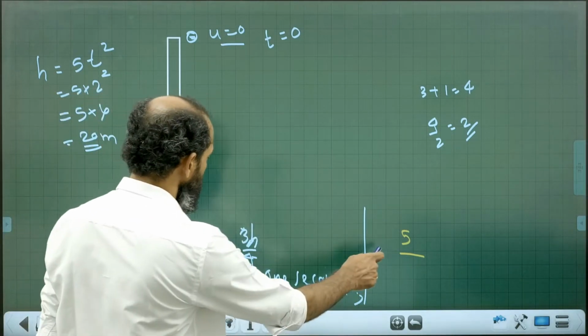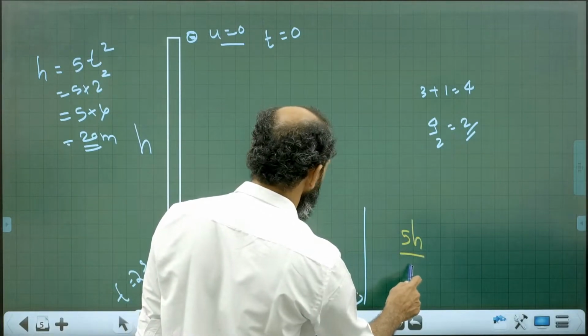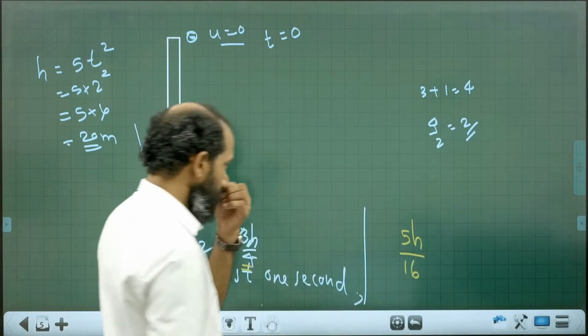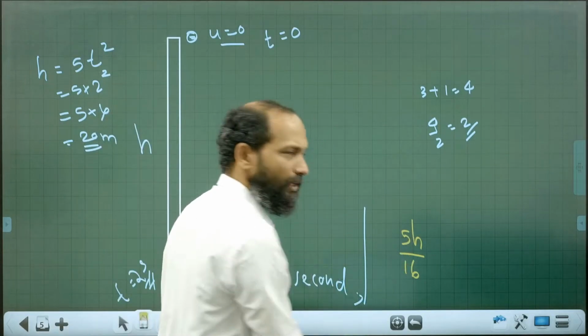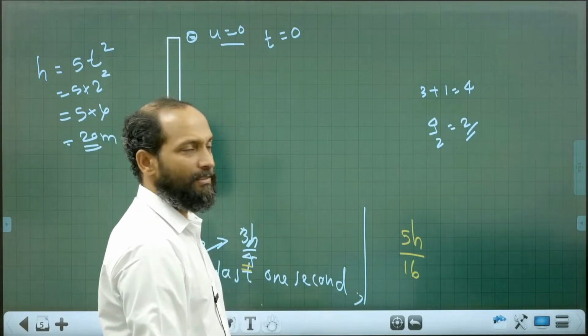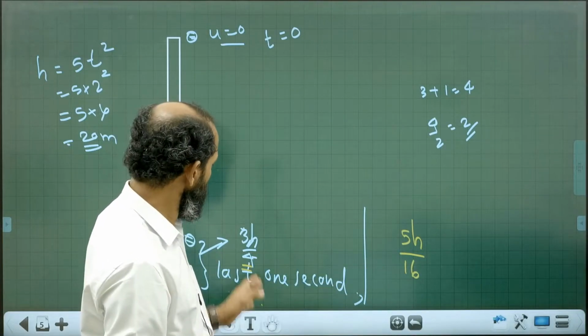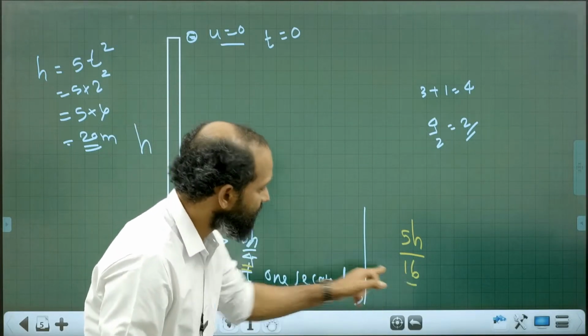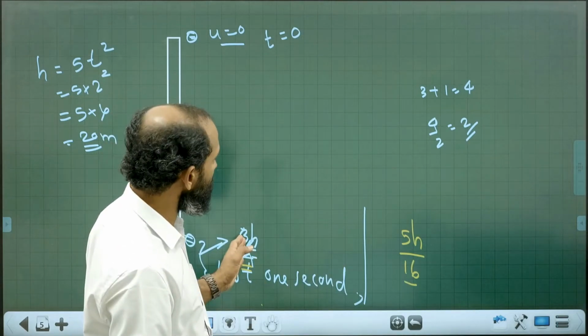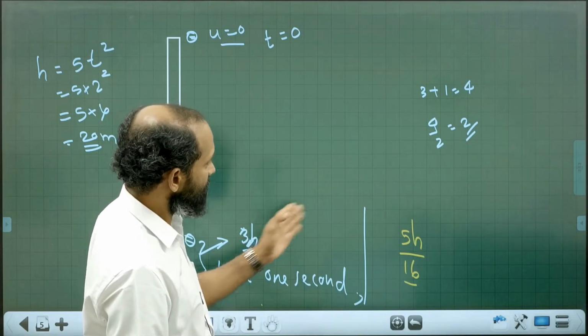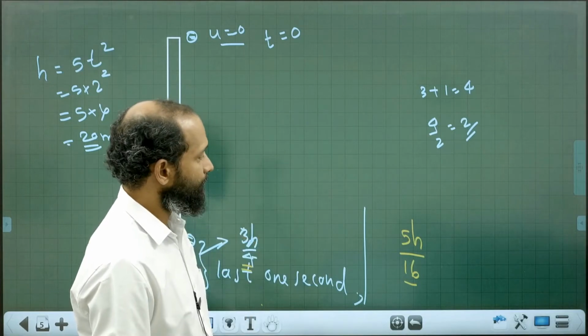If it is 5h divided by 16, 5h by 16, you just add 5 plus 1, 6. No. Square root of 16, 4. Like that you followed here. 5 plus 1, 6.